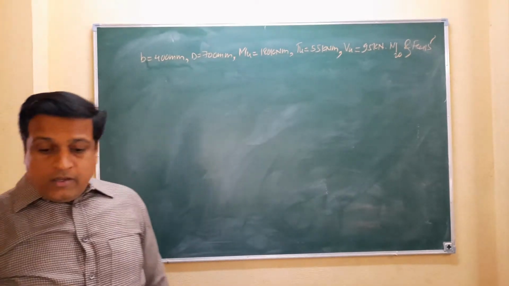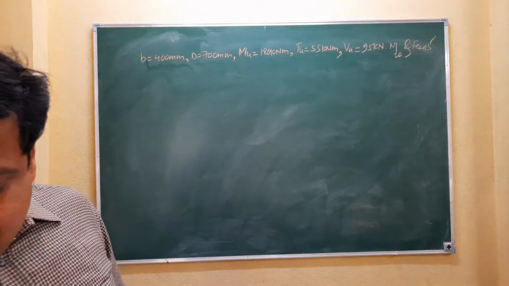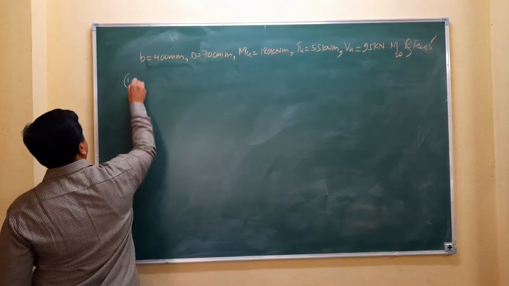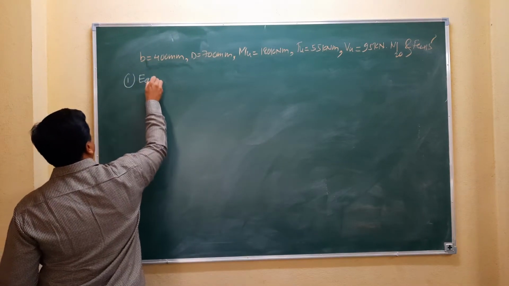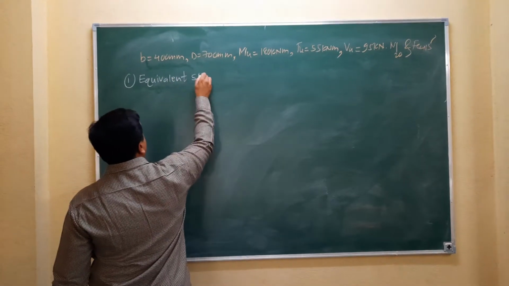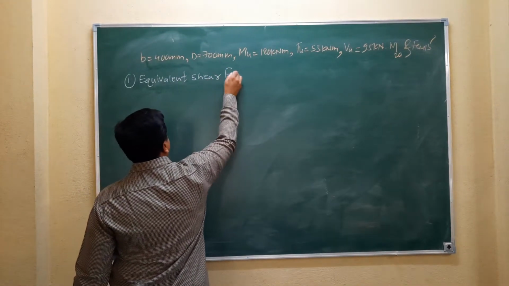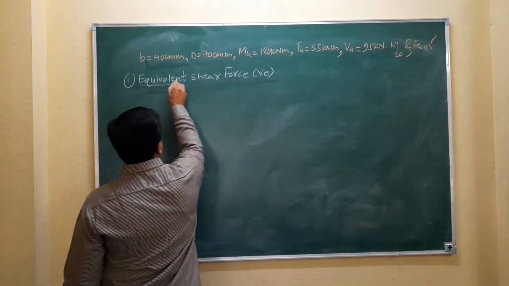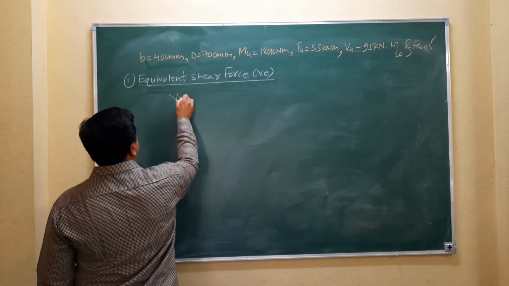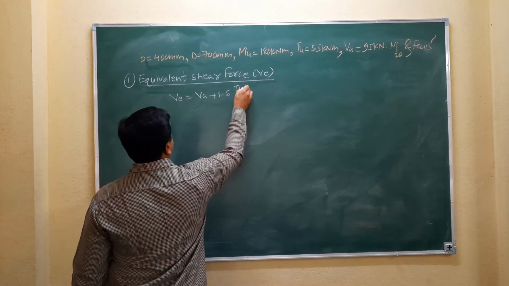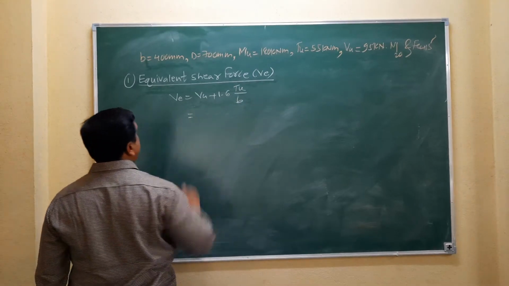Now what exactly we have to do? Step number 1 is equivalent shear force, it is Ve. The formula is Ve is equal to Vu plus 1.6 Tu upon b.